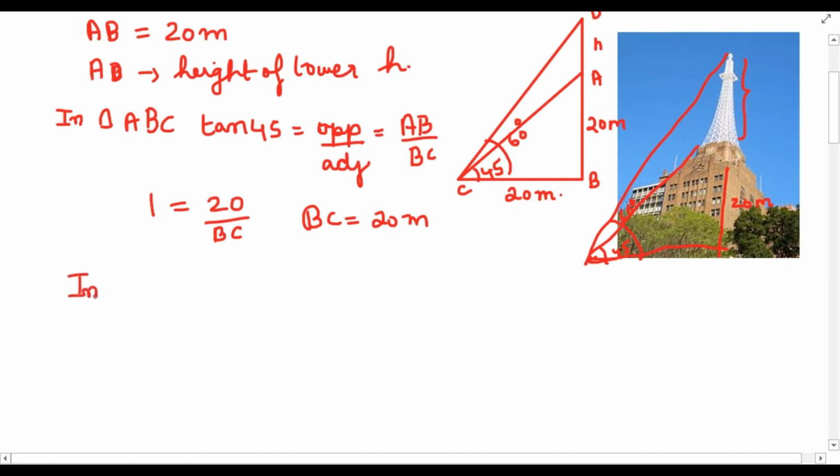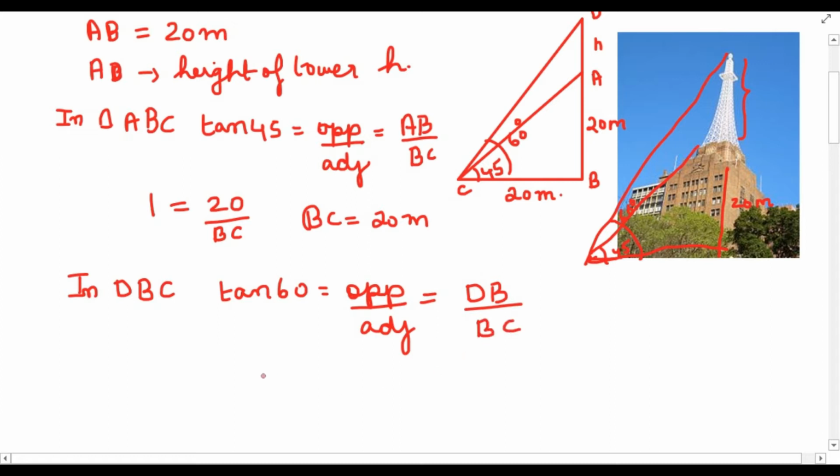So in right triangle DBC, I will write tan 60. The tan formula is again opposite side by adjacent side. So the opposite side is DB and the adjacent side is BC. The tan 60 value we know is √3. DB I can split and write as DA plus AB, divided by BC, which is 20.